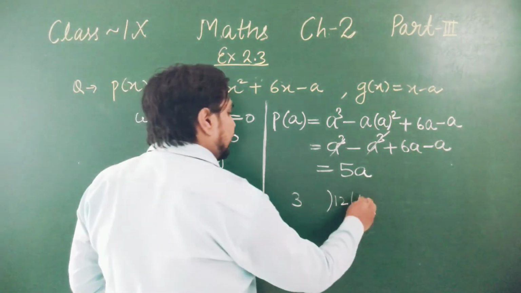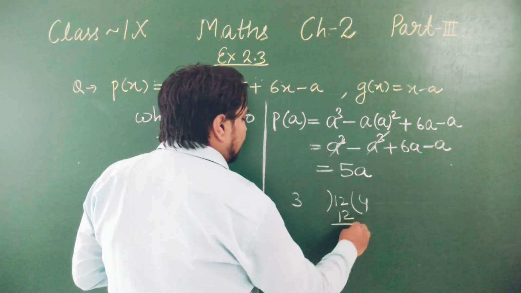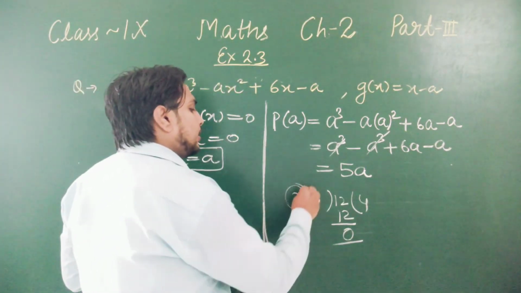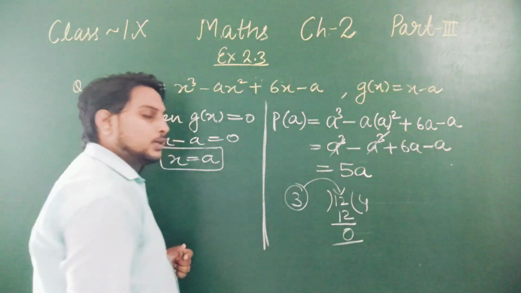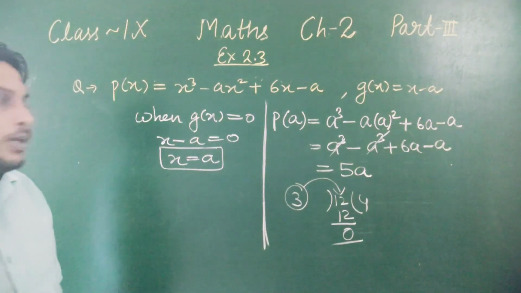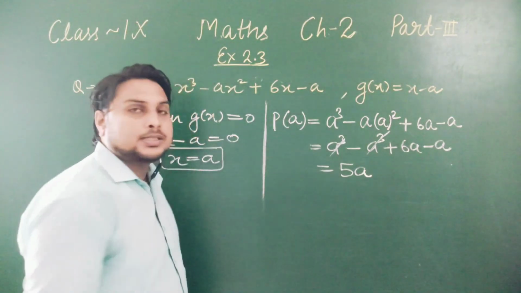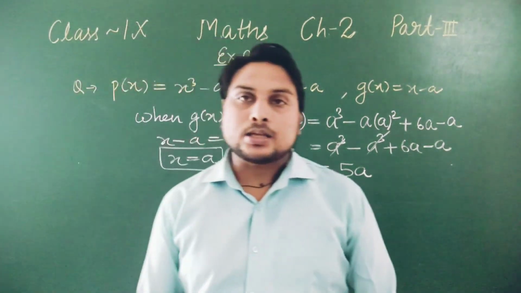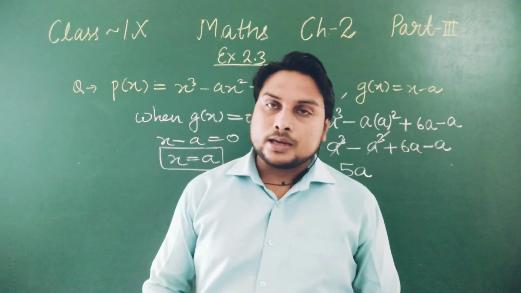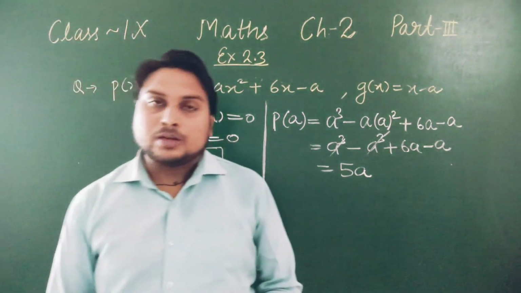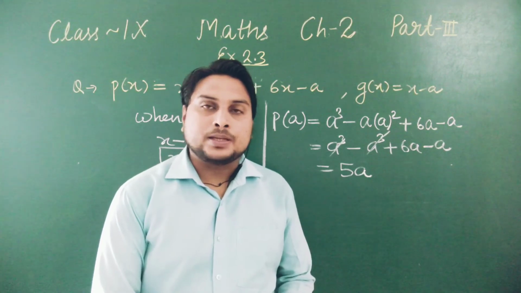You will divide it. 3 4s are 12, and when the remainder comes 0, then you will say yes, 3 is a factor of 12. In the same manner, you will solve the third question of this exercise. If the remainder is coming 0, then the given polynomial will be a factor of that p(x).